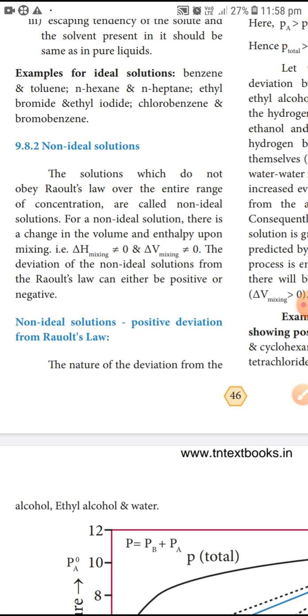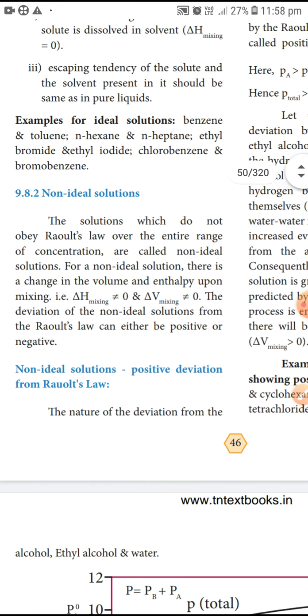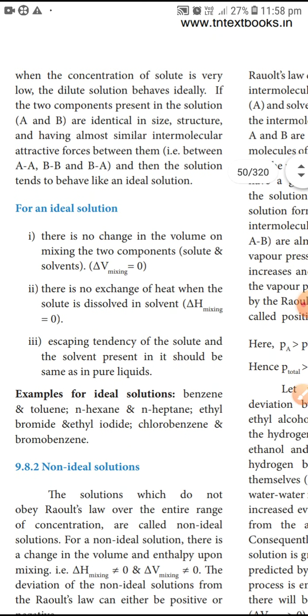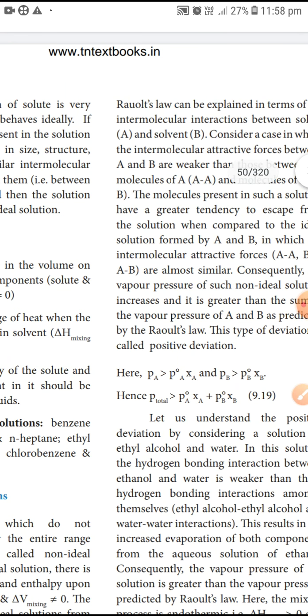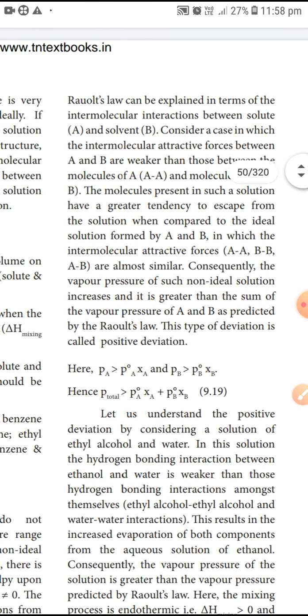Next, non-ideal solution with positive deviation from Raoult's law. The nature of deviation from Raoult's law can be explained in terms of intermolecular interaction between solute and solvent.